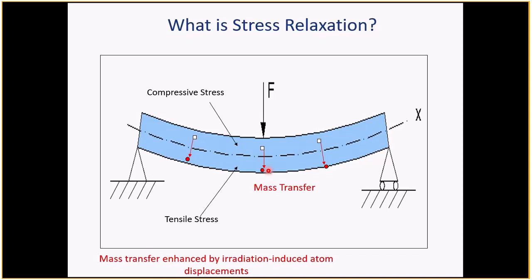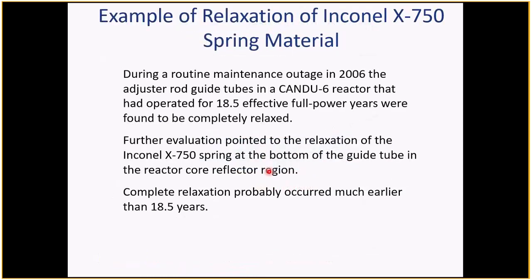So long as they're mobile, and interstitials are very mobile, even at 300 degrees C, we will get some stress relaxation. And in fact, we'll get some stress relaxation even at low temperatures when the vacancies might be immobile, because the interstitials are mobile.